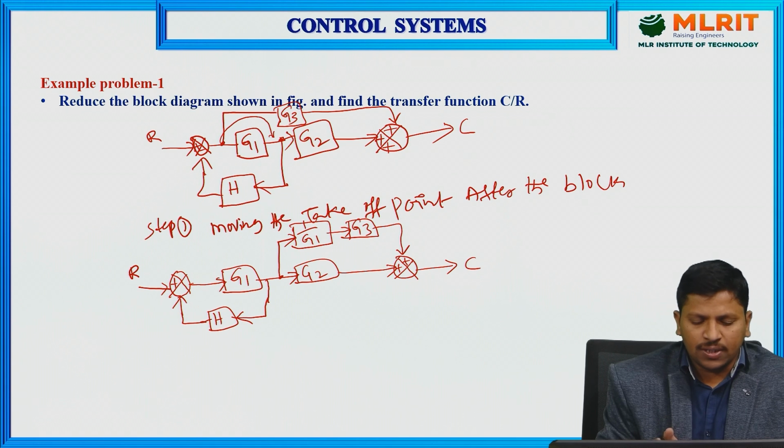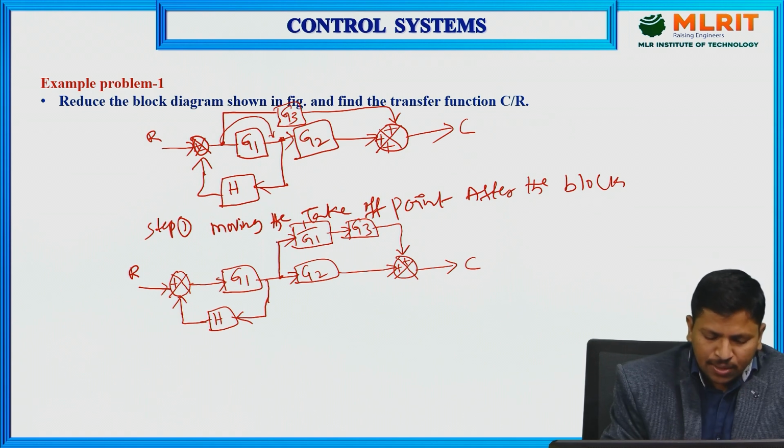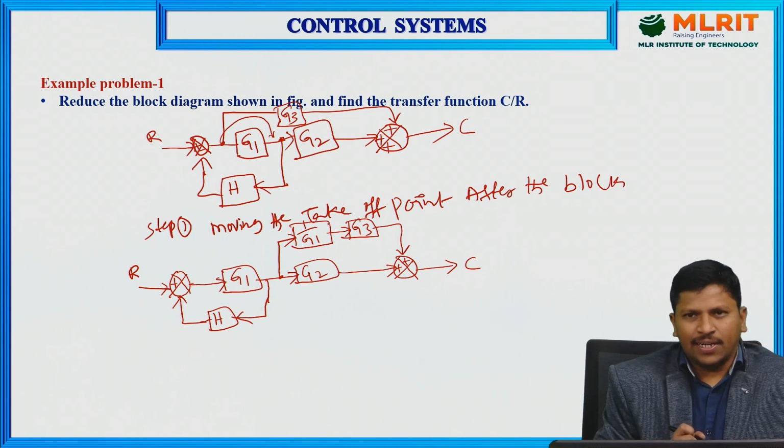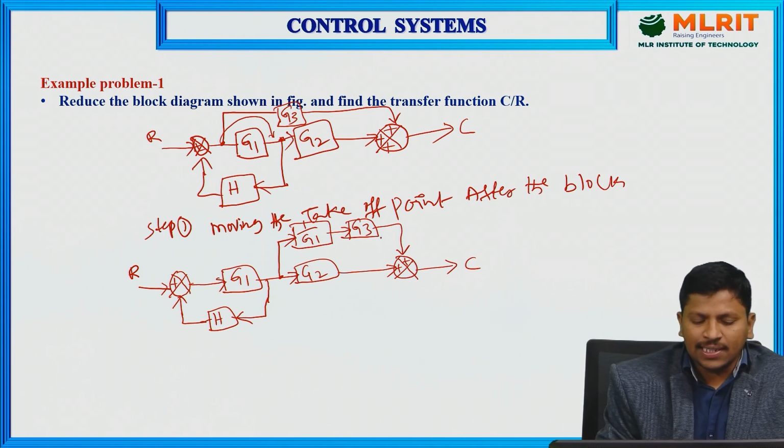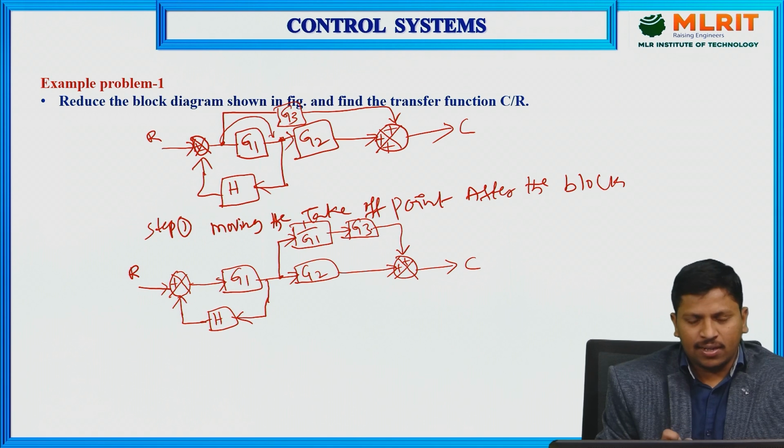Next, observe these 1 by G1 and G3; these two are in cascade, or in series. We have one rule: when two blocks are in cascade form, we just combine the two, meaning we multiply the two block gains.